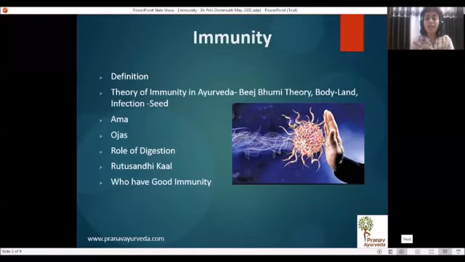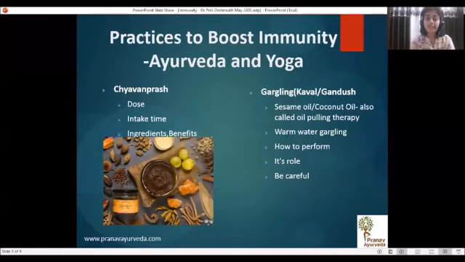Now let's see the practices to boost immunity according to Ayurveda and Yoga. These techniques are very simple and safe.